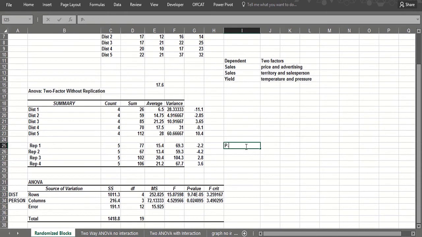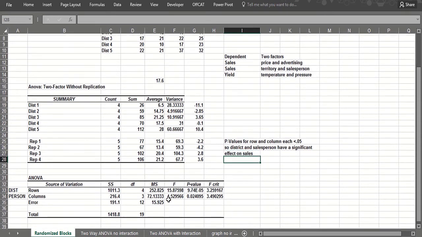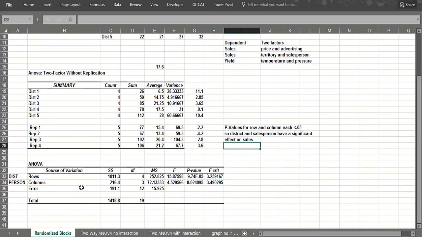The p-values for the row and column are each less than 0.05. So district and salesperson have a significant effect on sales. Now it might be that just the district had a significant effect, or just the person.